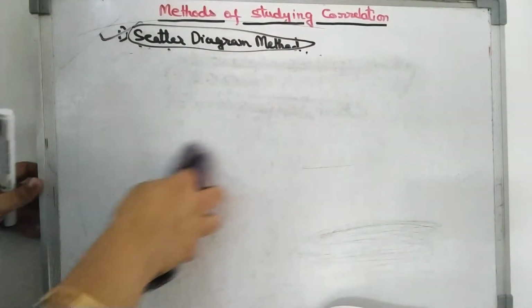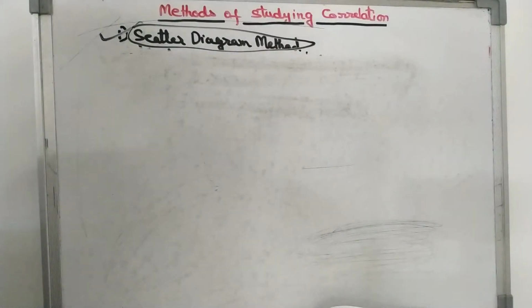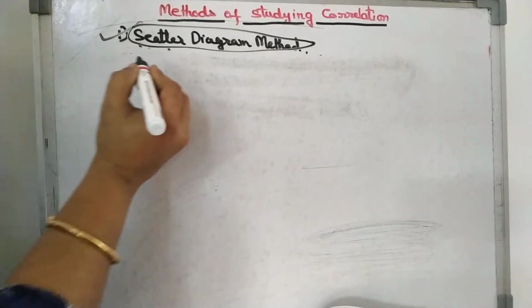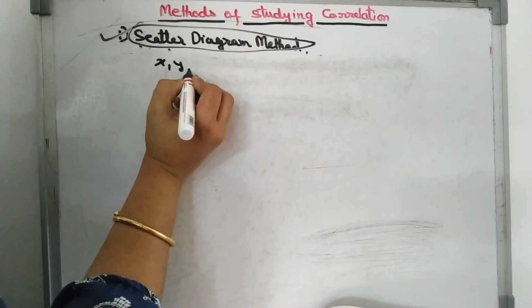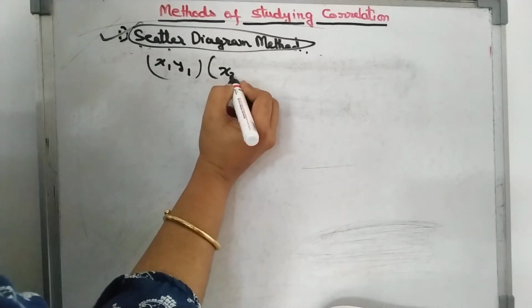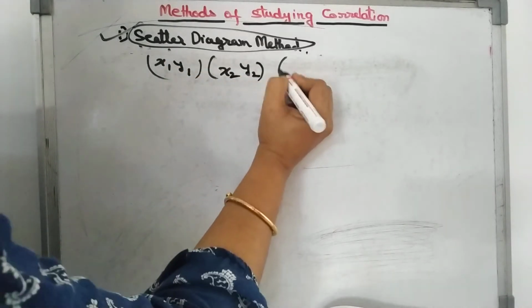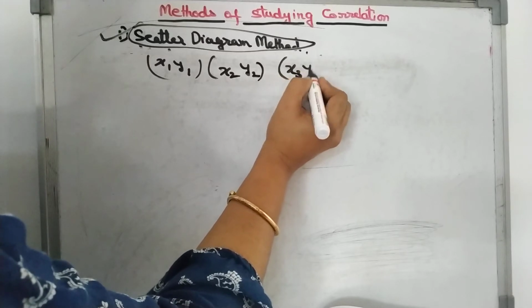It is the simplest way of diagrammatic representation of a bivariate distribution and provides us one of the simplest tools of ascertaining the correlation between two variables. Suppose we are given n pairs of values: x1, y1, x2, y2, x3, y3.